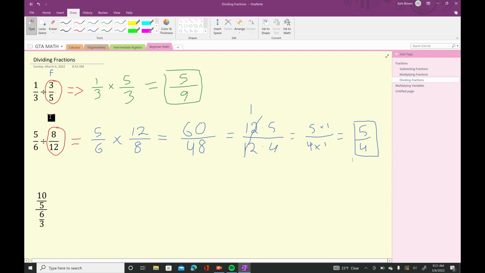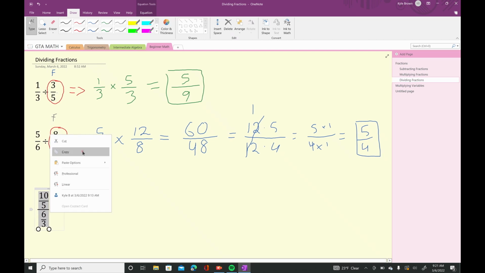All right, so we have another issue. There are ways you can be told to divide fractions in the future that aren't necessarily clear, so I'm going to show you. This 6 over 3 is the bottom fraction. It is the bottom fraction, so I'm going to circle it in green.